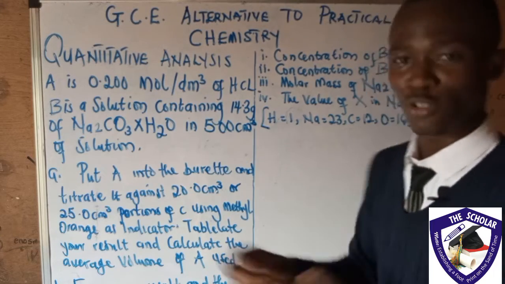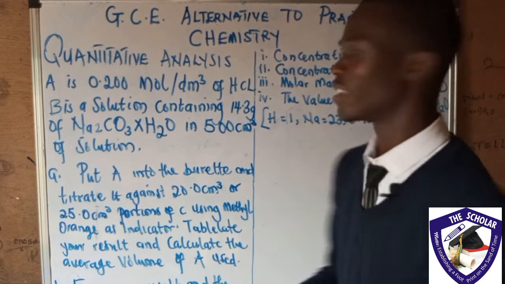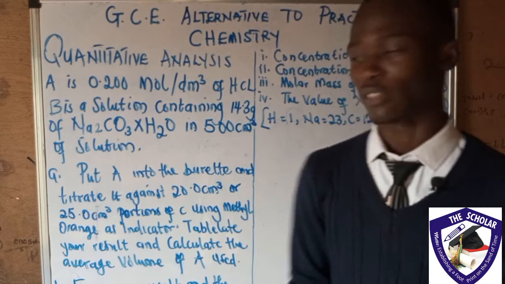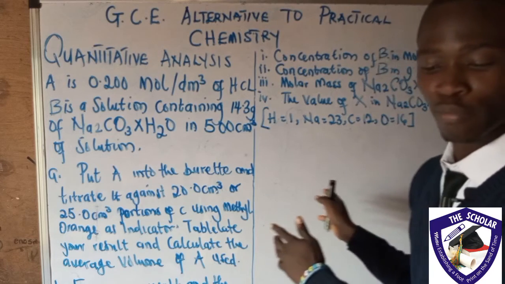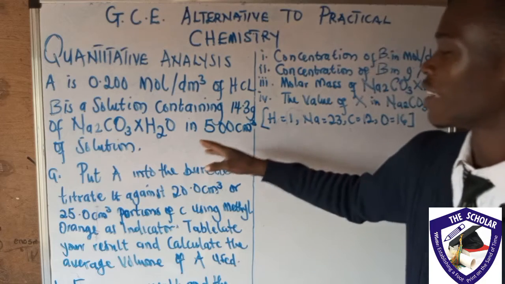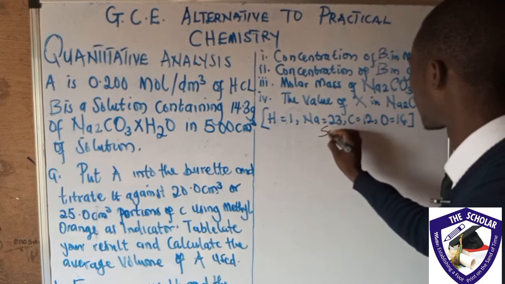But GCE is going to give you the volume. They are going to give you a titer value. Lastly, prepare a table for you in which you are going to get the titer value by yourself. So today I'm going to prepare a table and then I'm going to input the titer value I got after carrying out this titration. Now, solution.